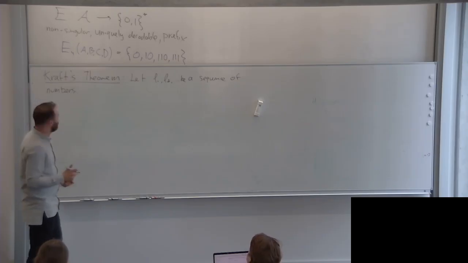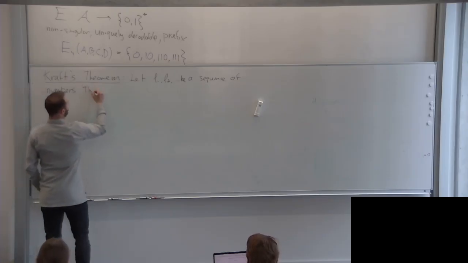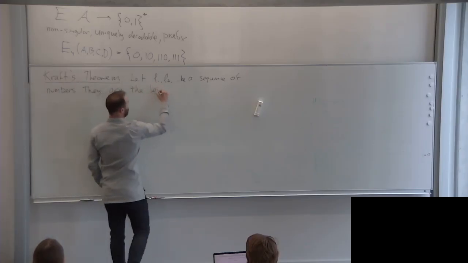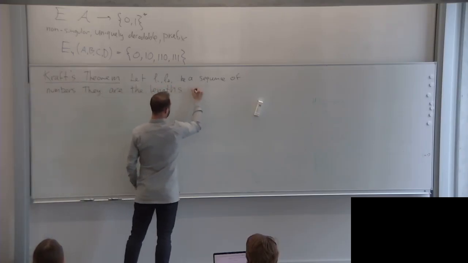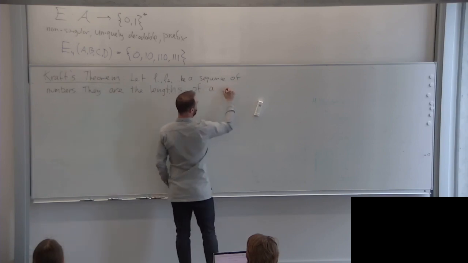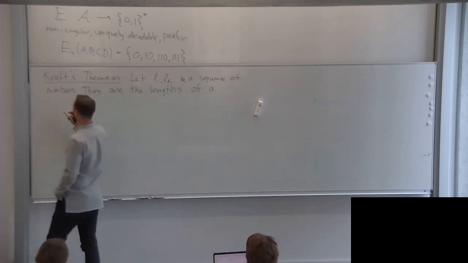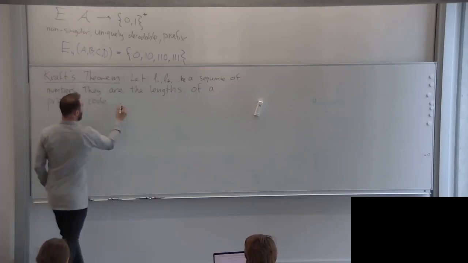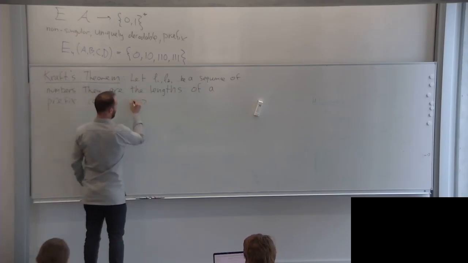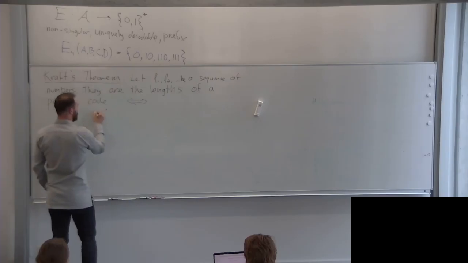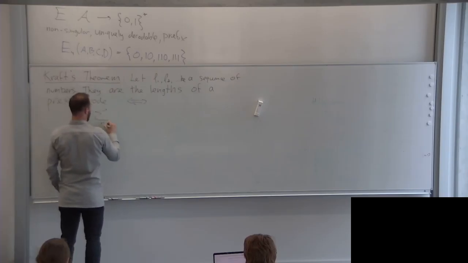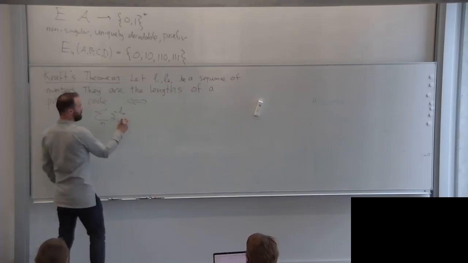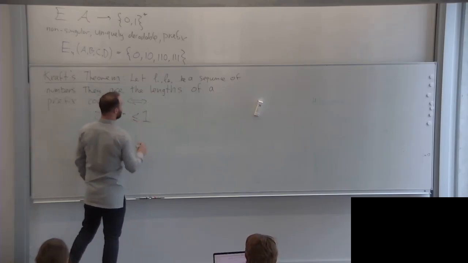They are the lengths of a prefix code if and only if this inequality holds: the sum over all n of 2 to the minus L sub n is smaller or equal than 1.